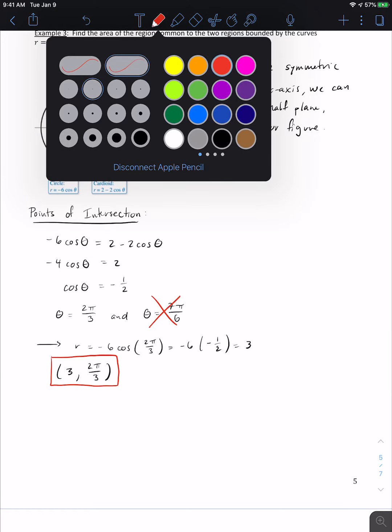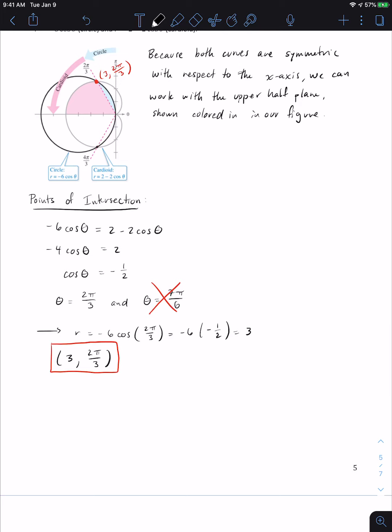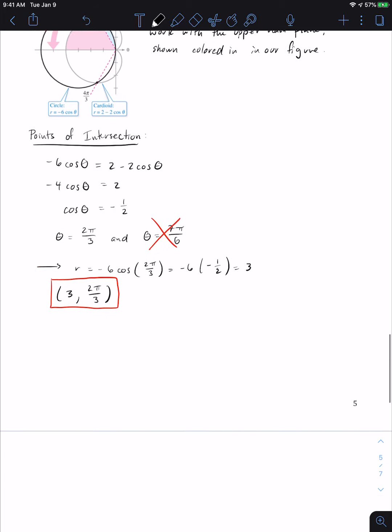Okay, and the way that the picture is drawn is actually going to be the way that we solve this, because it's going to be easier for us to use the circle to find the area of the blue, and then use the cardioid to find the area of the pink, and then add up the total areas and then multiply by 2.